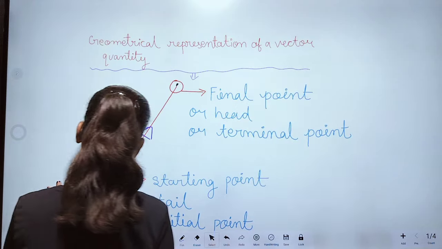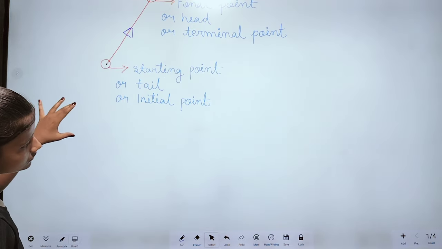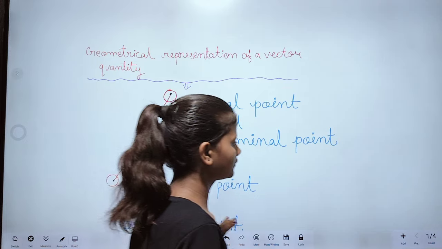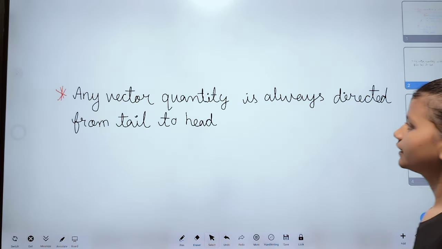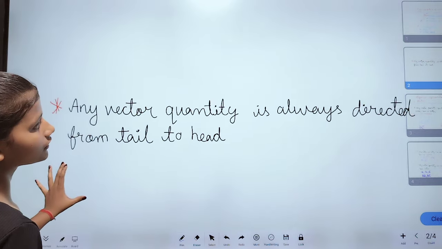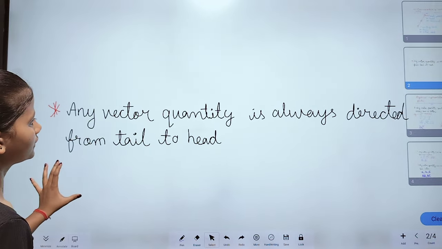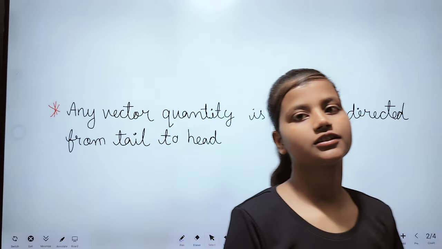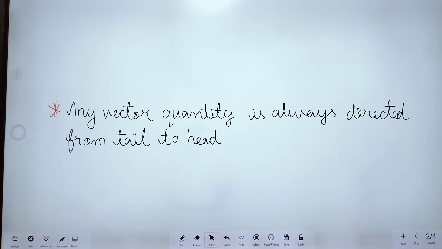Okay, and here is an important point: any vector quantity is always directed from tail to head. Okay.